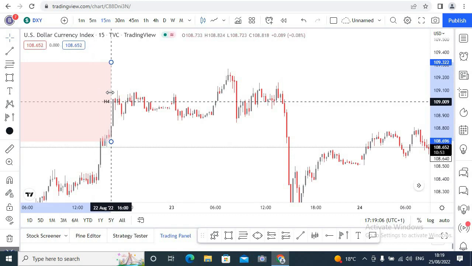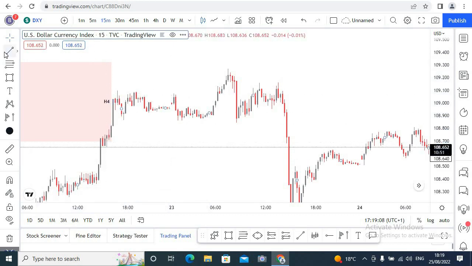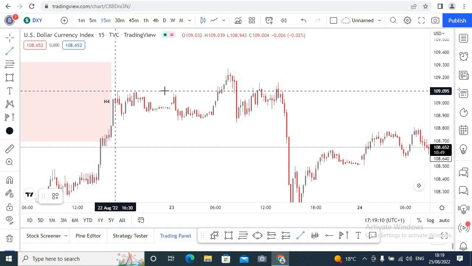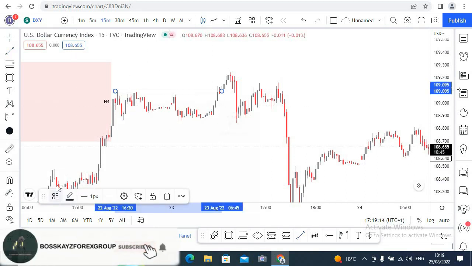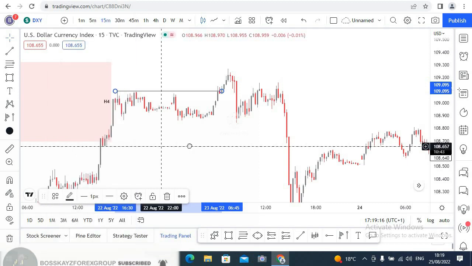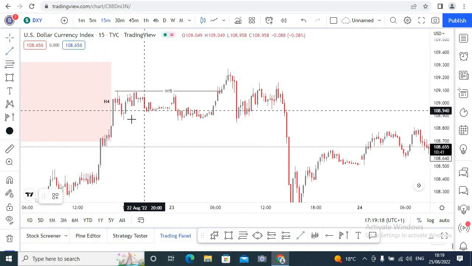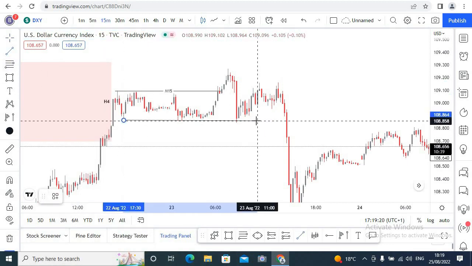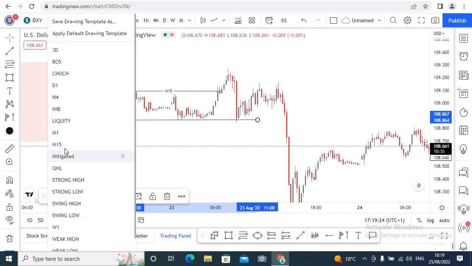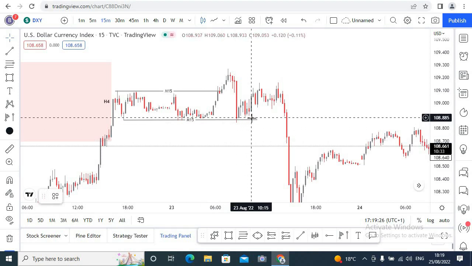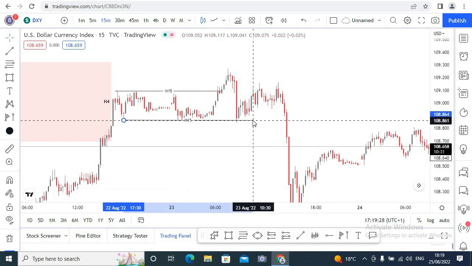So as you can see, this is our supply zone area, and we did have a nice market structure breaker in 15 minutes time frame, and also this was our last higher low, which has given us a nice chop right there, as you can see.